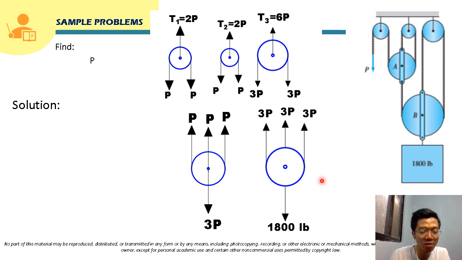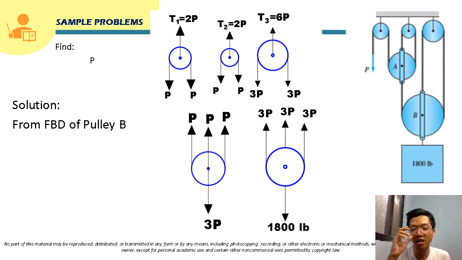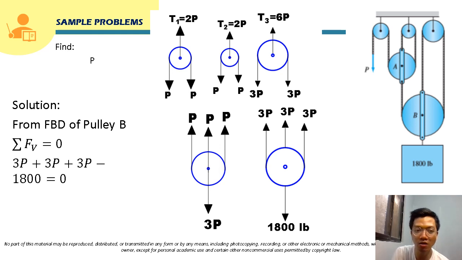From the free body diagram of pulley B, we can directly sum up forces vertical, and since P is the only unknown, we can directly solve for P. We will just use summation of forces vertical equal to 0, with upward forces positive.